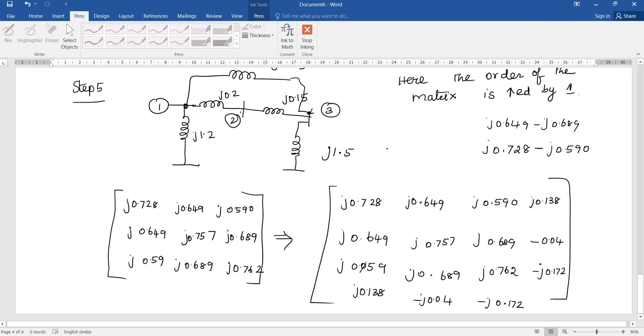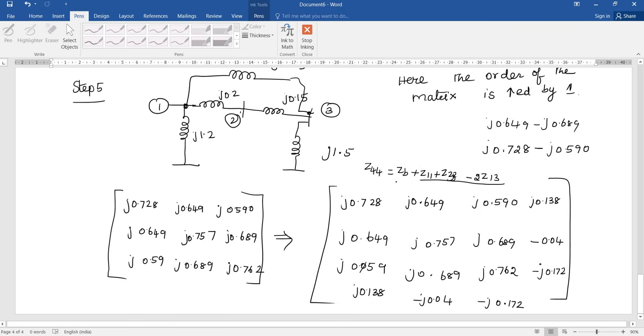And how to find out the last element? Using the equation Z44 equal to ZB plus Z11, Z22, Z33 minus 2Z13.